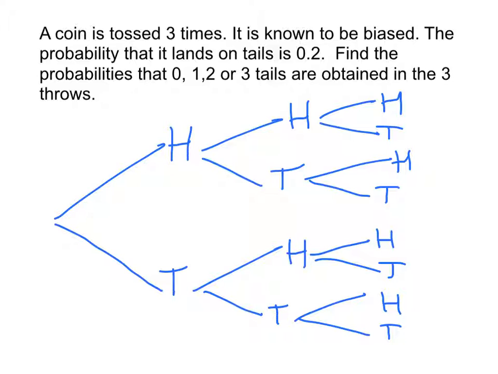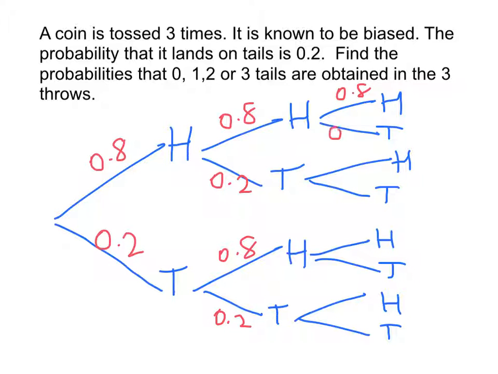So what we can do now is we can put the numbers on. For each trial, the probability that it lands on tails is going to be 0.2, and for heads it will be 0.8. I'm going to hammer the conditions of the binomial into your brains between now and November, but you might as well start by noticing that we've got some pretty strong patterns in that tree.